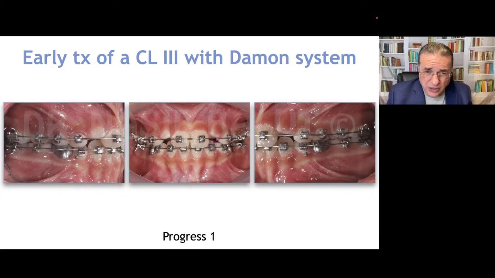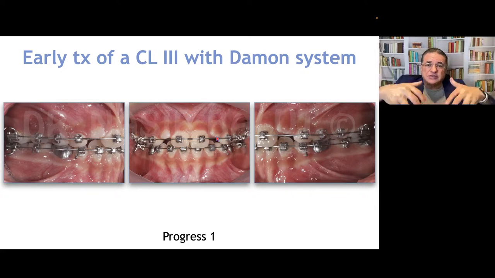But the problem with the open coil is we might procline more those upper anteriors. So I won't place the open coil until I have at least an 18 by 25 copper nickel titanium arch wire.